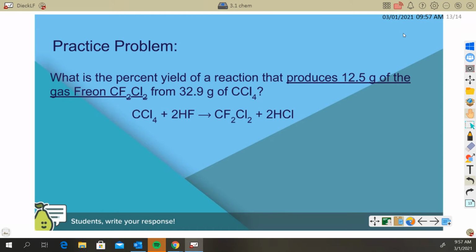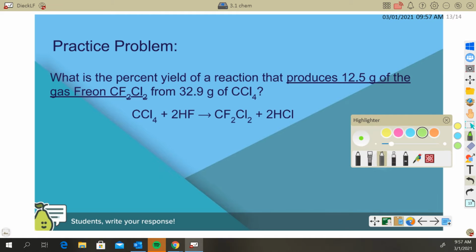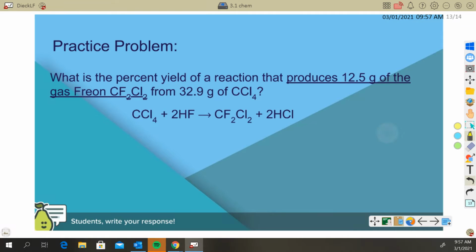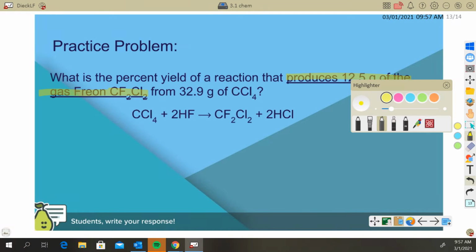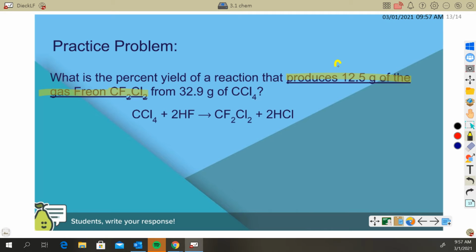Yeah, see the word produces? The word produces or the word obtained are going to give you a hint as to what our actual yield is going to be. So produces that many grams of Freon. That is our actual yield. Okay? So this is our actual.